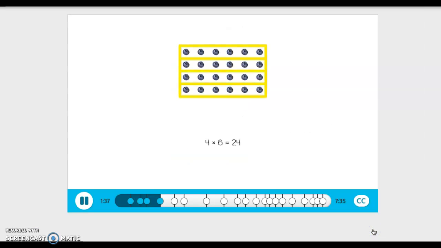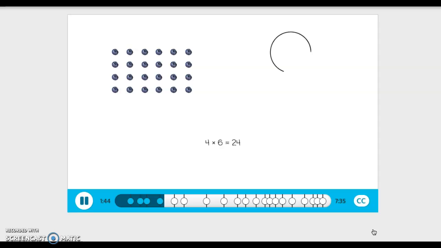This array shows 4 rows of 6 blueberries. Another way to represent groups is with a number bond. Let's create a number bond to represent our groups of blueberries.